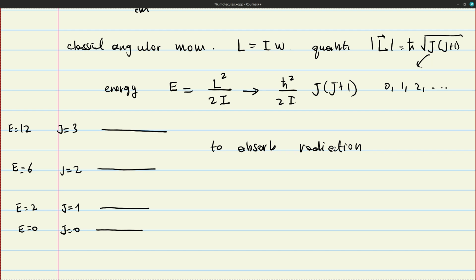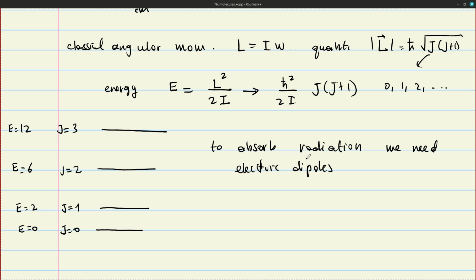If you need the electric dipole, we calculated the expectation value of x, and we said if that's non-zero, we build a selection rule based on that, right? And the conclusion, in brief, is that you need an electric dipole to emit or absorb radiation. So to absorb radiation, we need electric dipoles, which unfortunately H2 doesn't have.